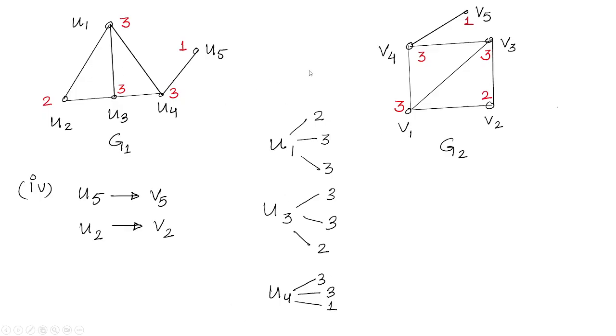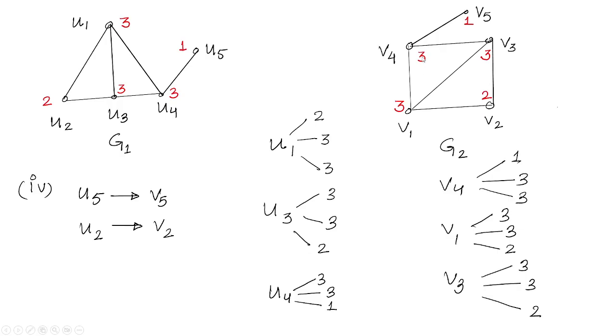The similar thing we have to do for the graph G2. So V4 is having adjacent degrees as 1, 3 and 3. Then comes V1. V1 is having adjacent degrees as 3, 2 and 3. Likewise V3 is having 3, 3 and 2.